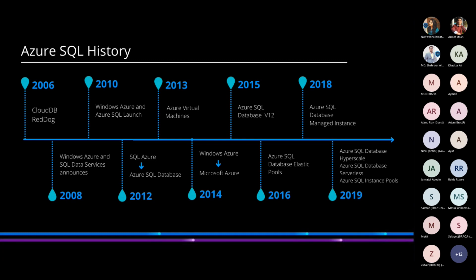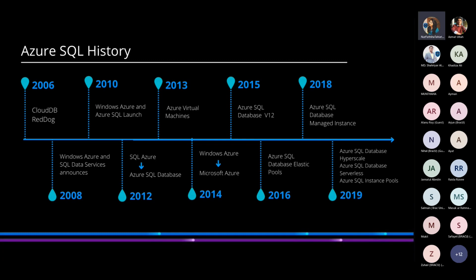After that, there were also major product announcements and changes that significantly altered the landscape. In 2013, Azure virtual machines got launched, where we could build our whole solution using Azure virtual machines. And in 2014, similar to 2012, a name was changed: the portal went from Windows Azure to Microsoft Azure, which we use today.